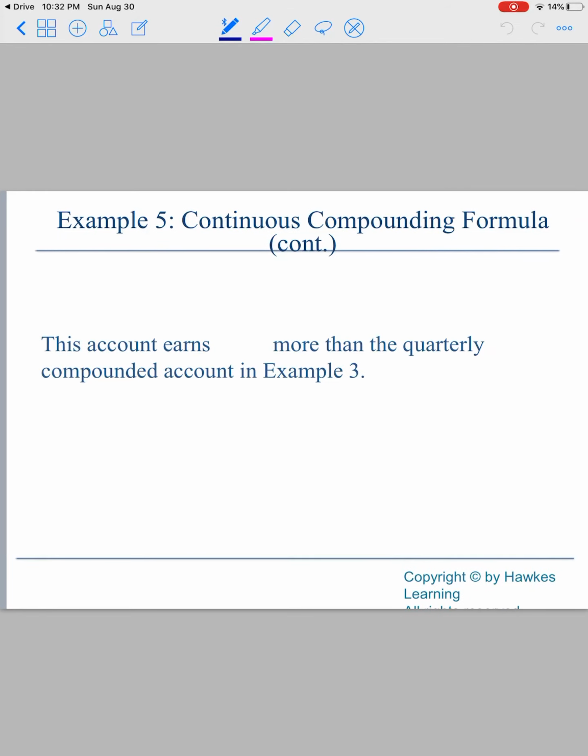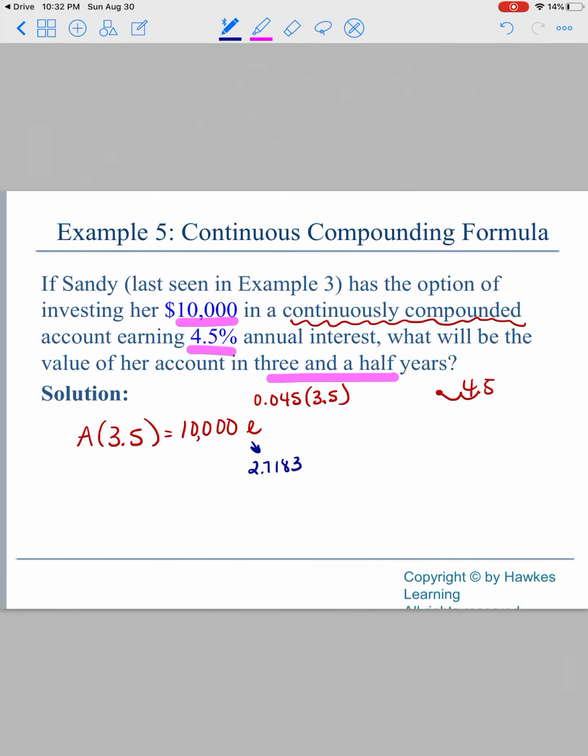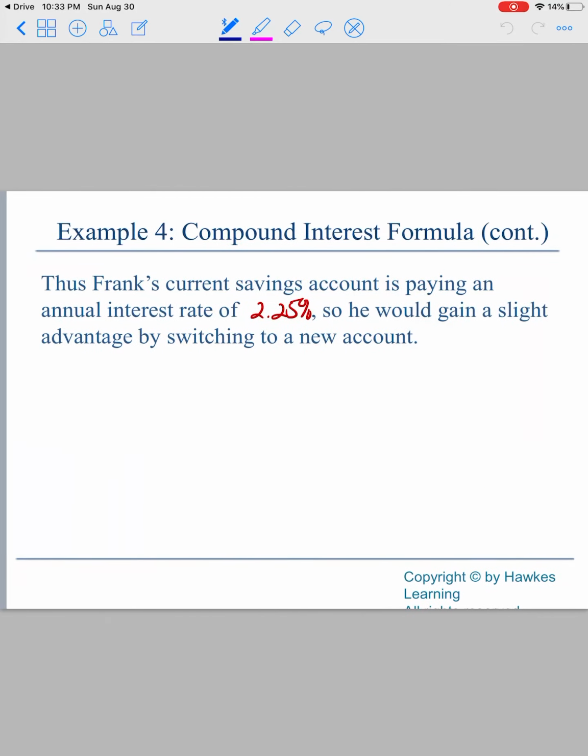Okay, and when you do that, when we solve it, our amount here is $11,705.81.